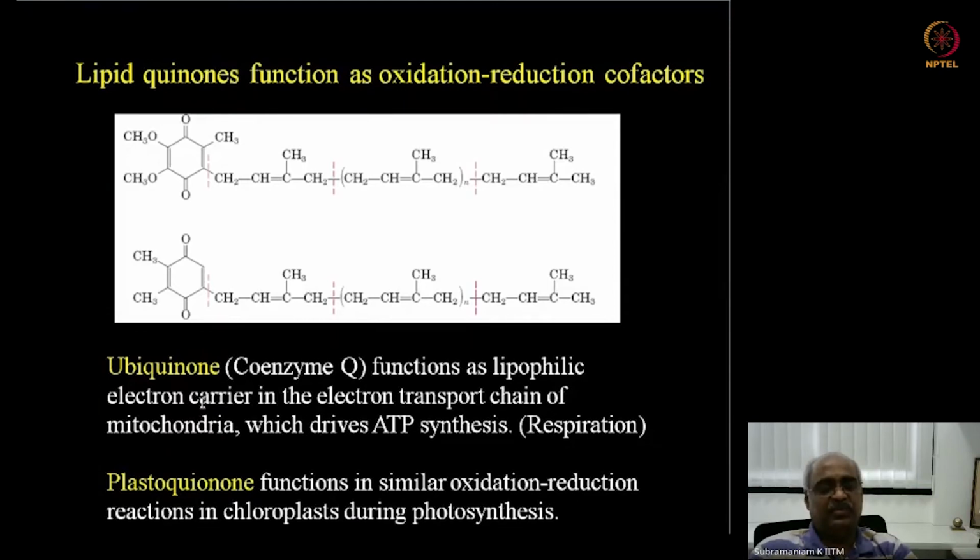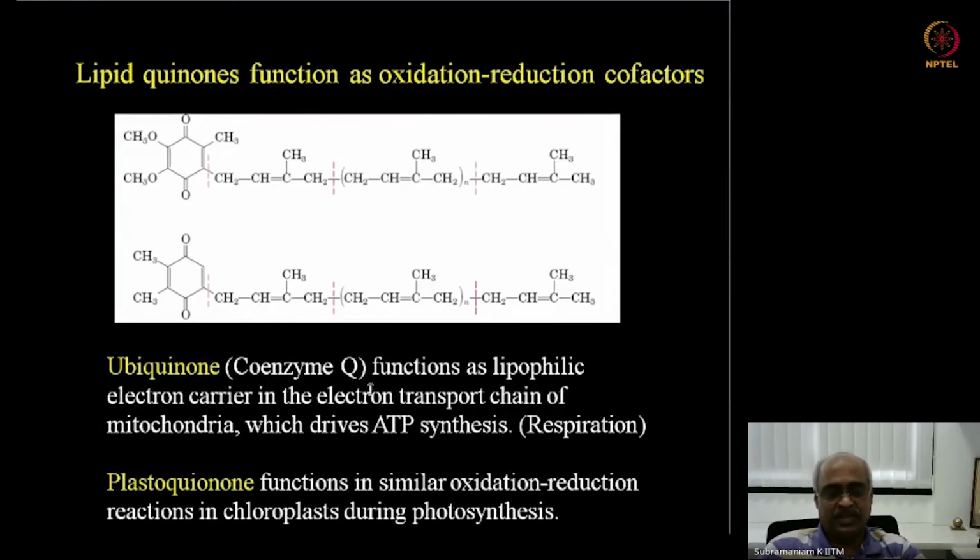Okay, this is like instead of rolling down a slope, you are walking down one step at a time, to the final ultimate acceptor, which is oxygen, and in the process, oxygen gets reduced to water. When these protein complexes embedded in the membrane transfer electrons in this manner, between two such complexes, in the lipid phase, these ubiquinones help in transferring the electrons. So that is what the ubiquinones do.